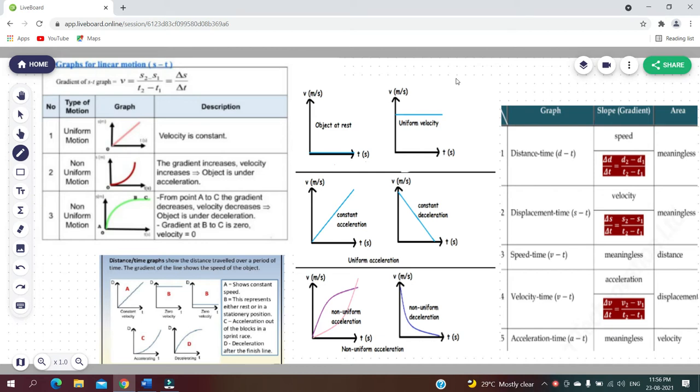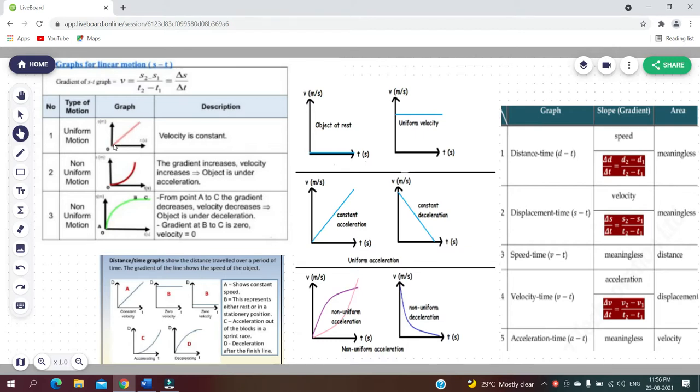Hello my dear students. In this video, I'm going to discuss distance time graphs and velocity time graphs for linear motion. So, first of all, if we say that an object is moving with uniform velocity, or you can say it is under uniform motion, its distance time graph will be a straight line having some positive slope.